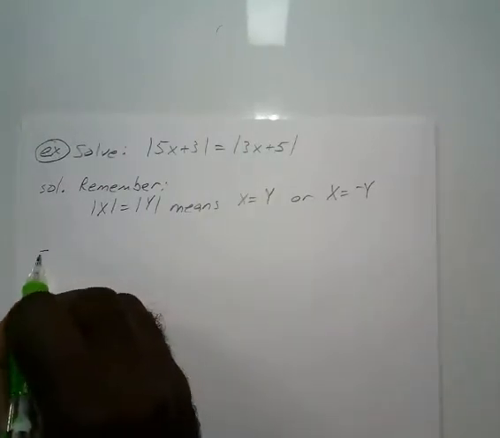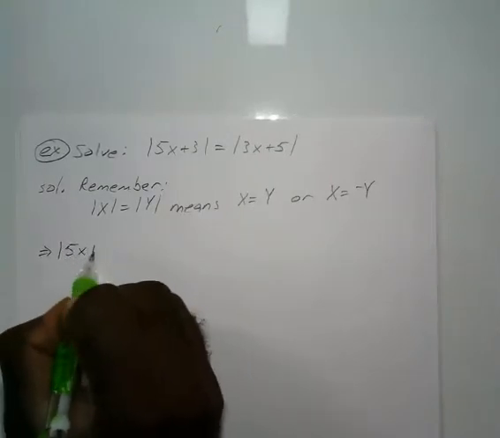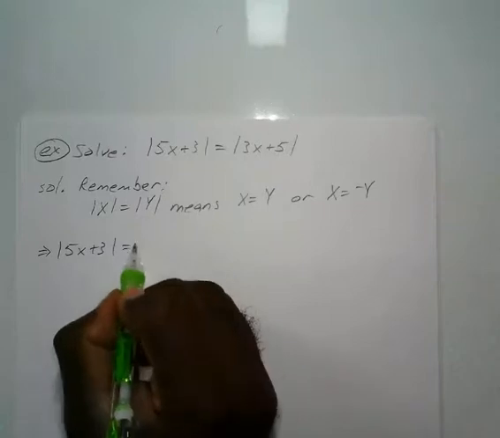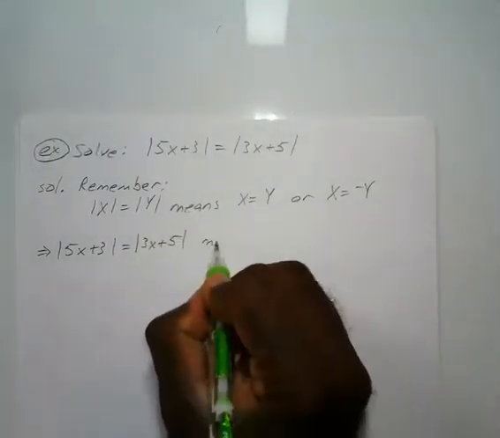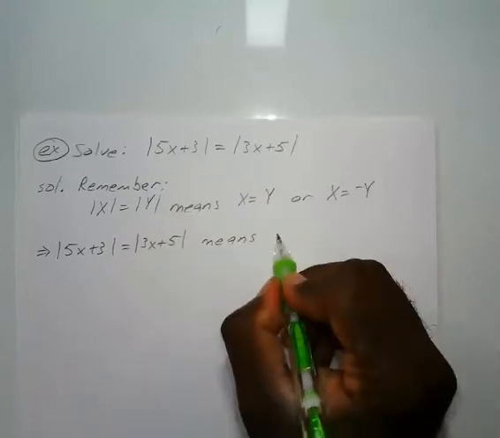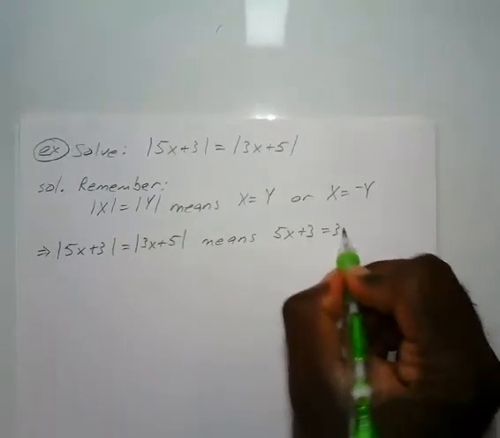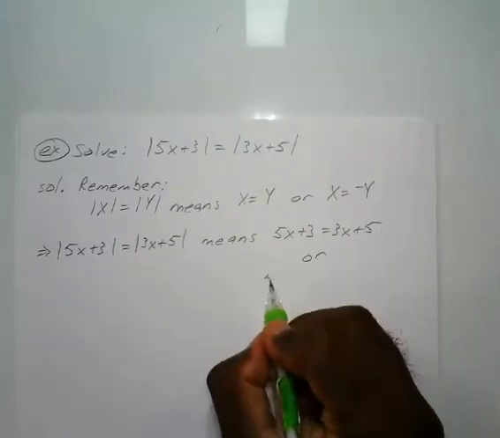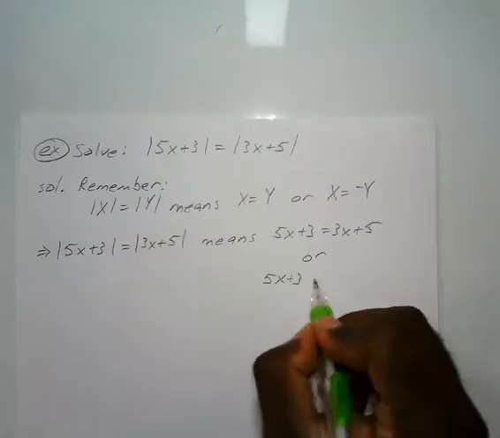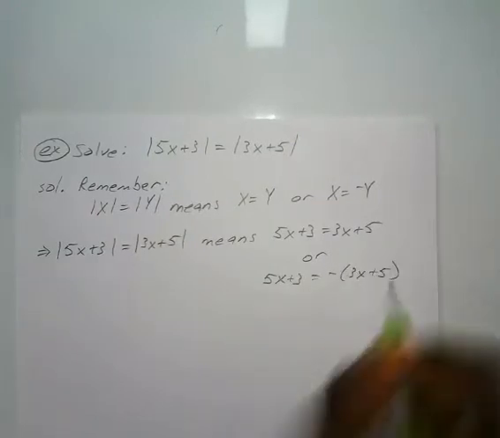Okay, so if we apply that to this problem, you have the absolute value of 5x plus 3 equals the absolute value of 3x plus 5, means that 5x plus 3 equals 3x plus 5, or 5x plus 3 equals negative (3x plus 5).